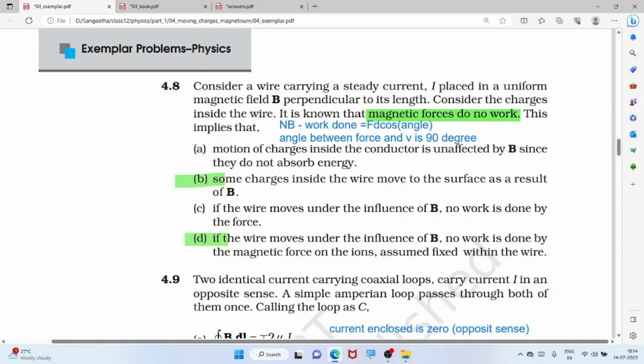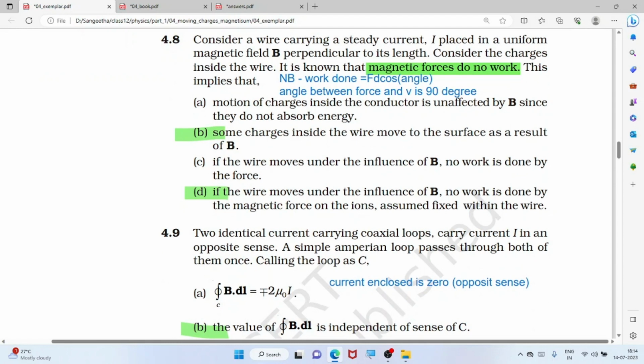Distance covered, the angle between the force and the velocity is 90, so it won't do any work. Some charges inside the wire have velocity V, and the wire moves under the influence of the force, but no work is done because of this formula.